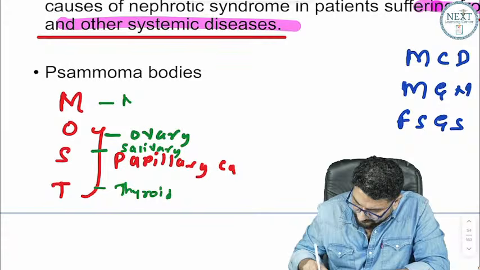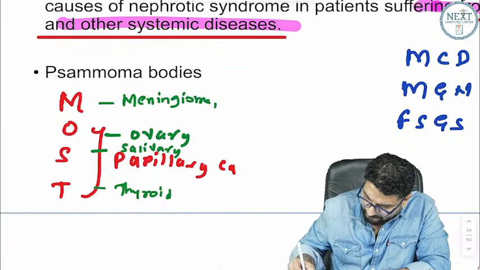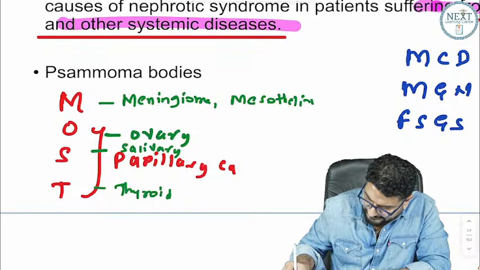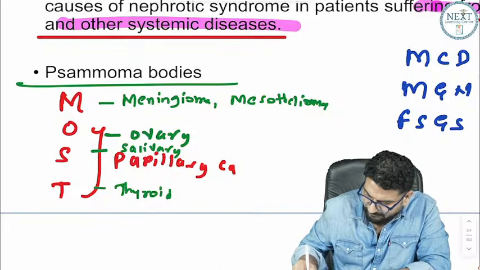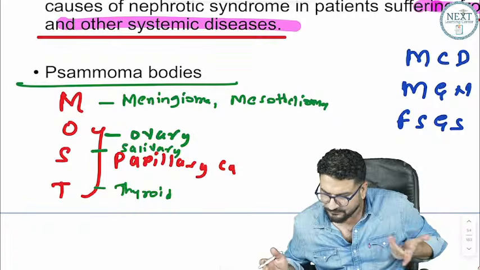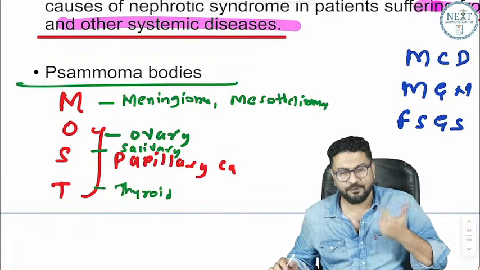And M4, meningioma, mesothelioma. So these are the things where you will find psammoma bodies. Like our mnemonic is MOST: meningioma, papillary cancer of ovary, salivary gland, and thyroid. Simple.